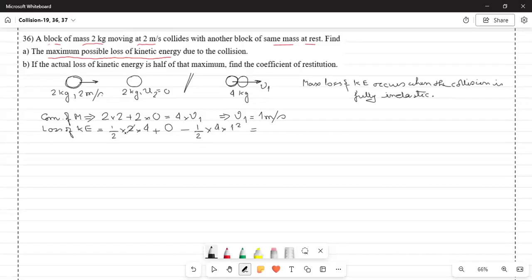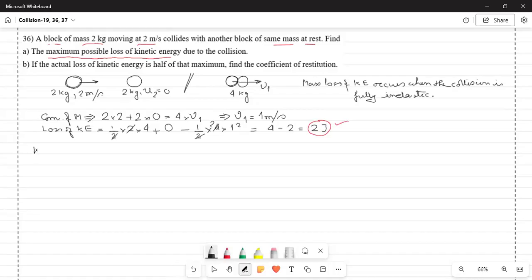The 2 gets cancelled. This is equal to 4 minus 2, equal to 2 joule. So this is one answer.